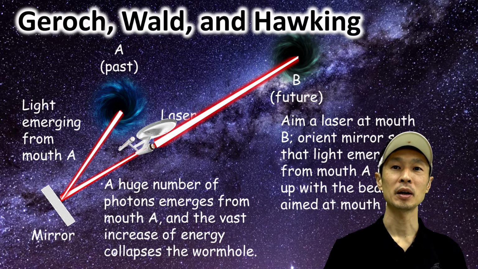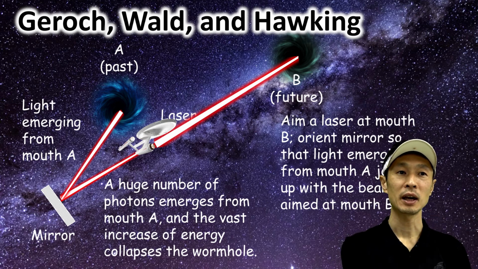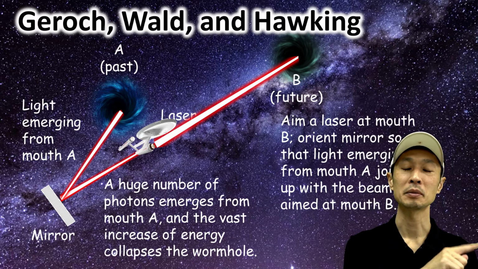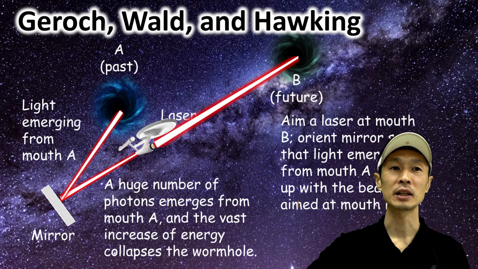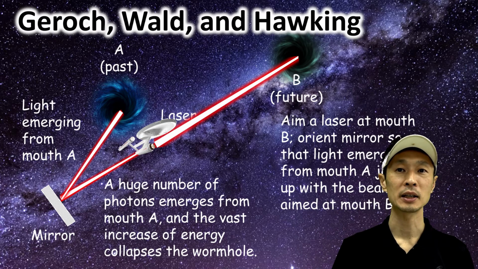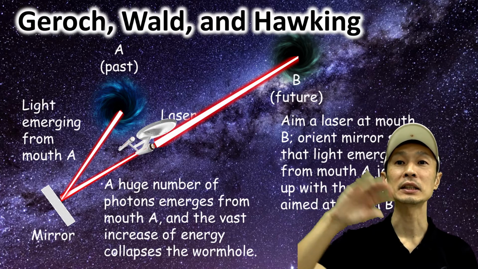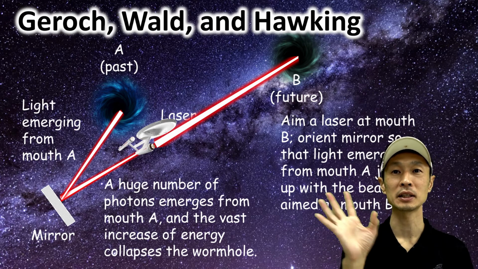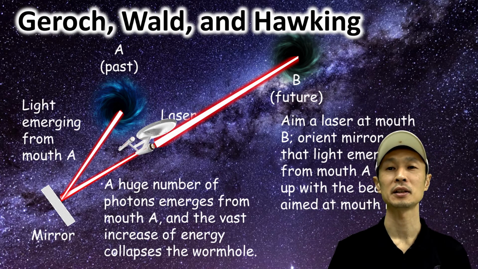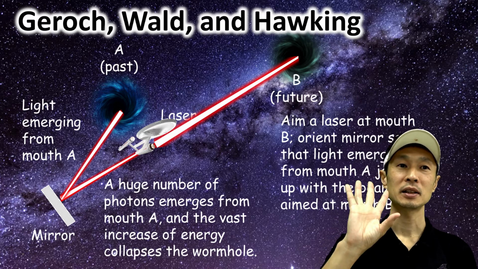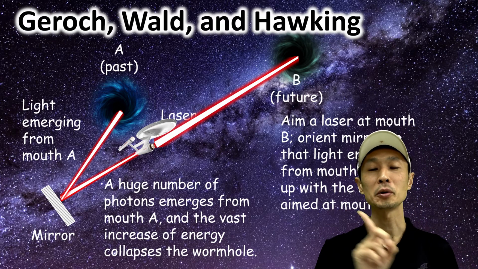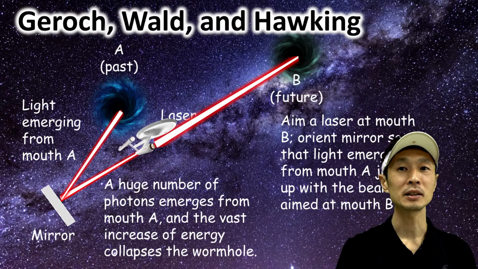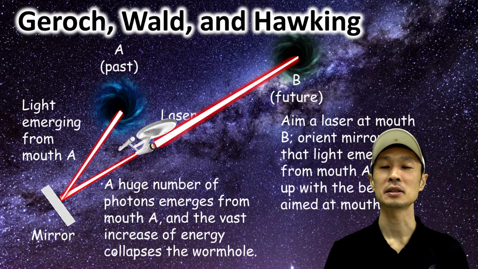Now you arrange a mirror to reflect the light again to the entrance B, so that the laser from the past interferes with the laser from the Enterprise and increases the intensity. You have to align the wavelengths of the laser so that they interfere and enhance the intensity. Then this enhanced laser goes into B again, comes up from A again, is reflected by the mirror, and interferes with the Enterprise laser again.